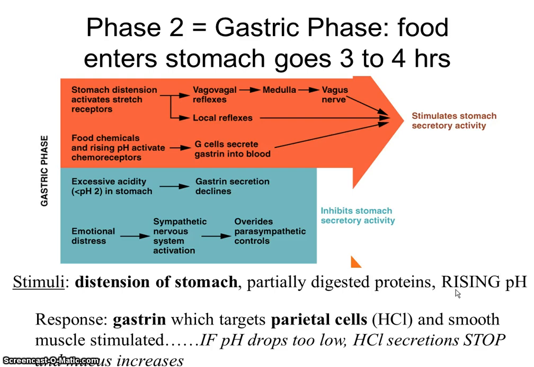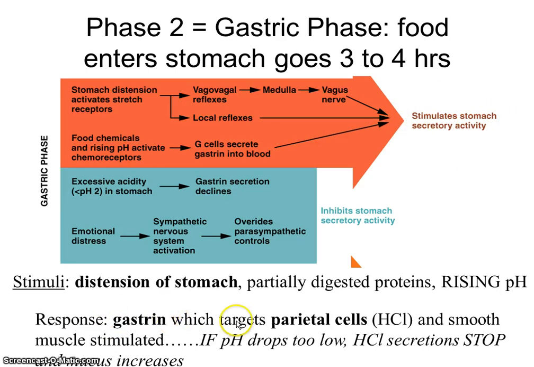And when the pH rises, that actually causes the stomach to produce more hydrochloric acid, because, again, the chemical digestive process has to occur at a low pH in the stomach. So here again, stimuli stretch the stomach, food and rising pH will activate the different cells and reflexes, and you'll have increased secretion and motility.